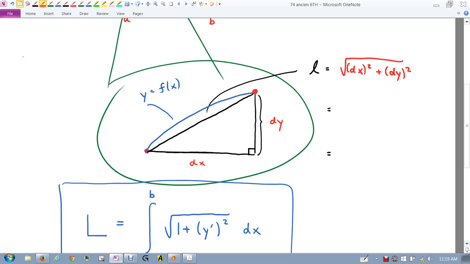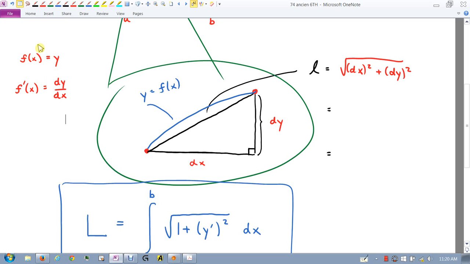Now, over here I'm going to write something down. If you have a function of x, which we'll call y, then the derivative of that is dy/dx. Do you agree with this?